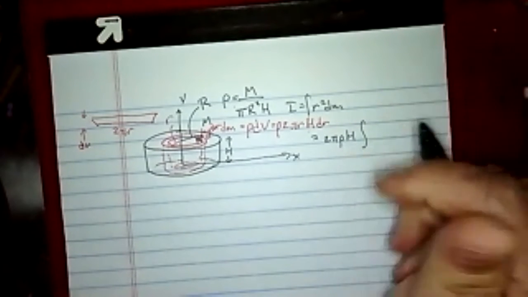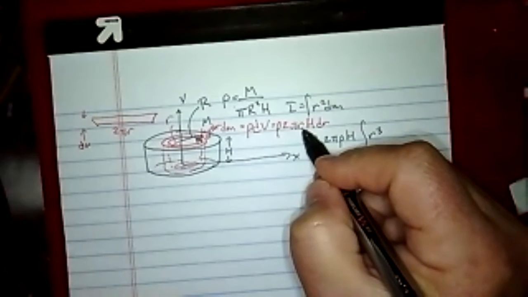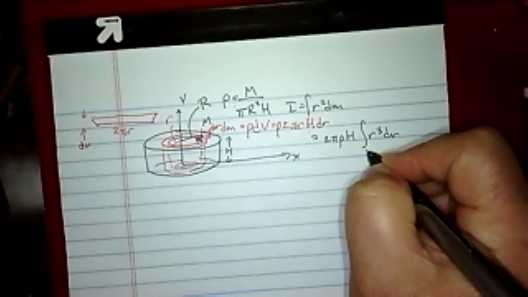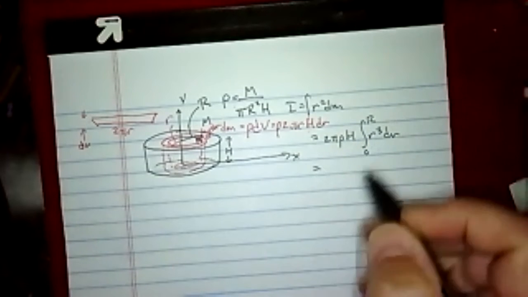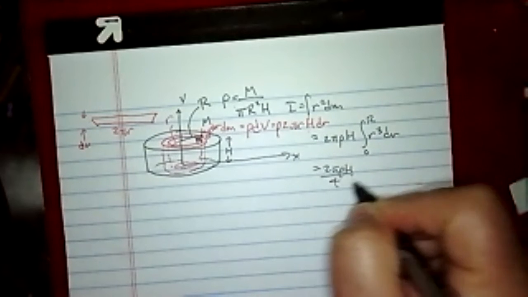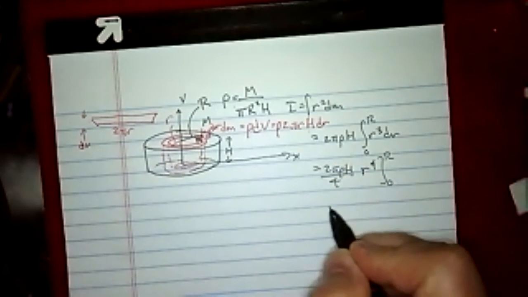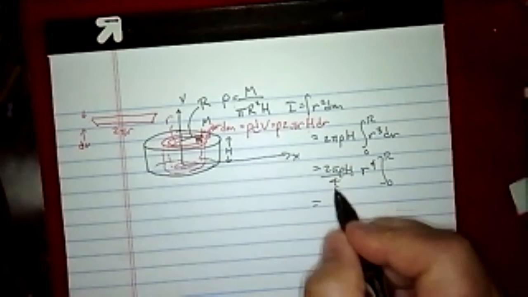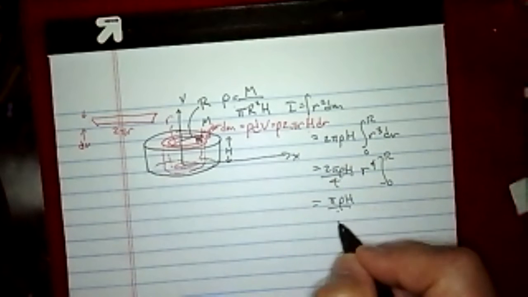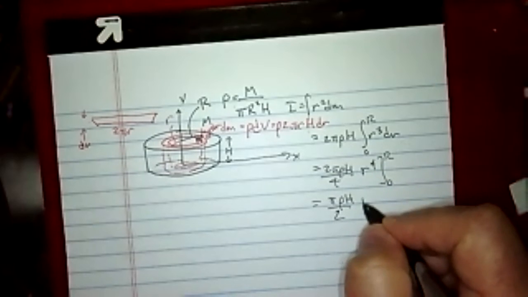The integral will be equal to r cubed, because there was an r in the formula for dm, plus the r squared, that'll be dr, and we're going to integrate from r equals 0 to big R. That's easy enough. 2 pi rho h, the integral of r cubed is 1/4 r to the 4th, and I evaluate that from 0 to R. The 1/4 with the 2 on top makes that a 2 in the bottom, so I get pi over 2 rho h times R to the 4th.